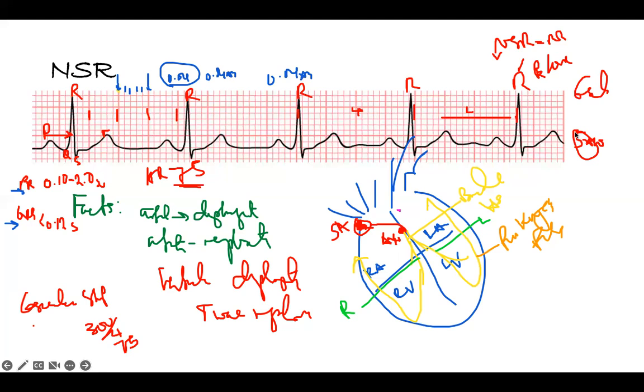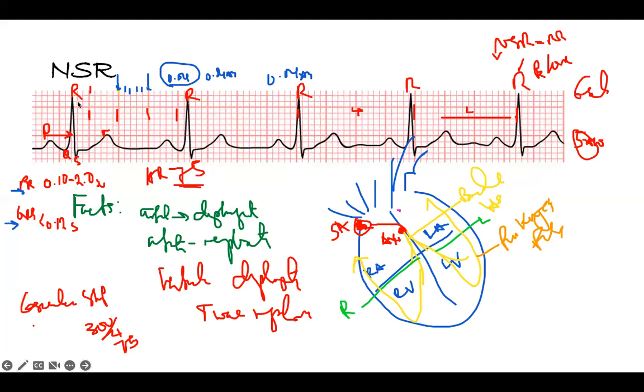I did not say it's a 6 second rhythm; I just took a portion of it. If they tell you it is a 6 second rhythm, you just calculate the number of R's, or the number of QRS, which is the same: 1, 2, 3, 4, 5, and you multiply by 10.